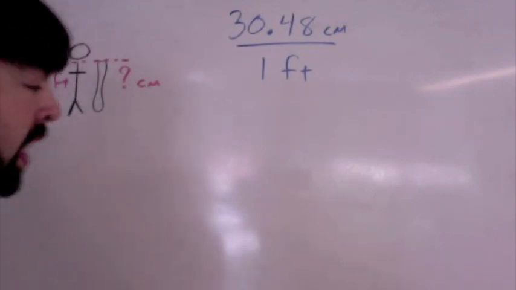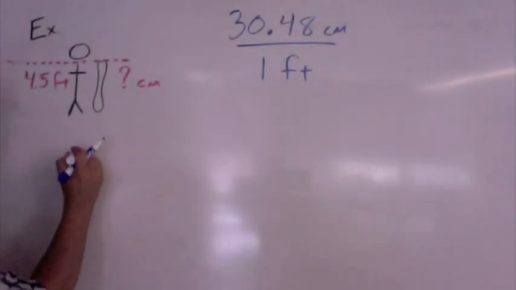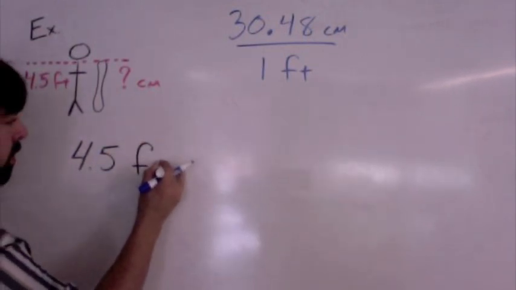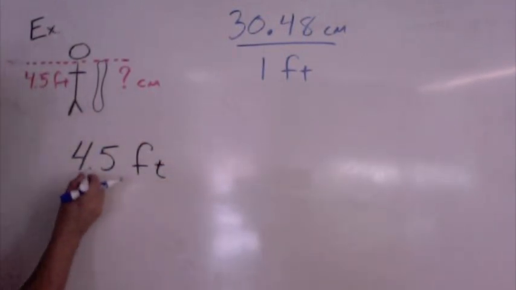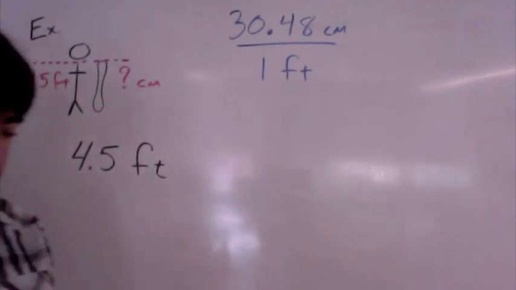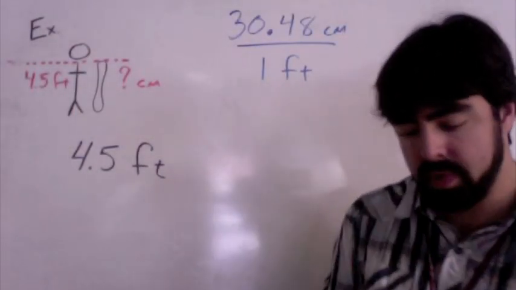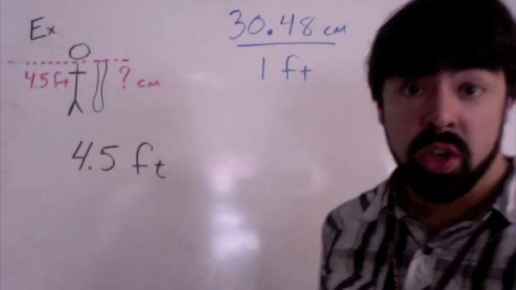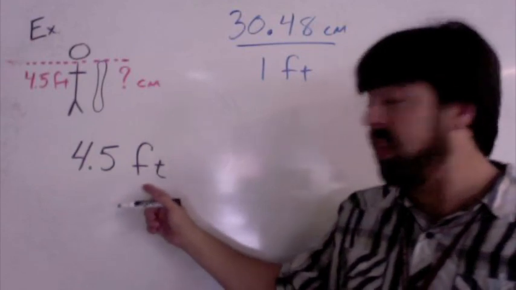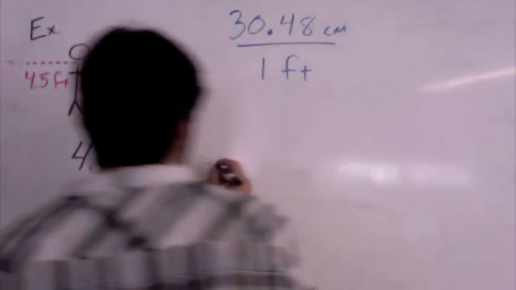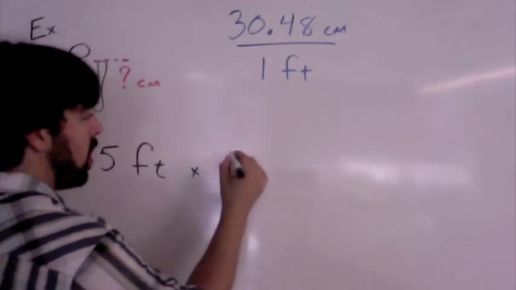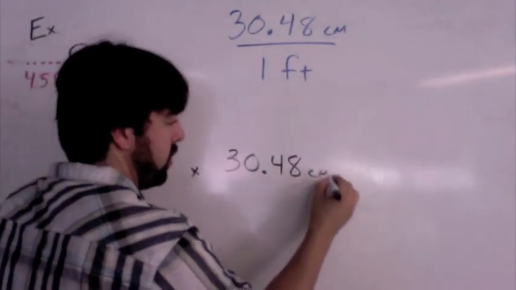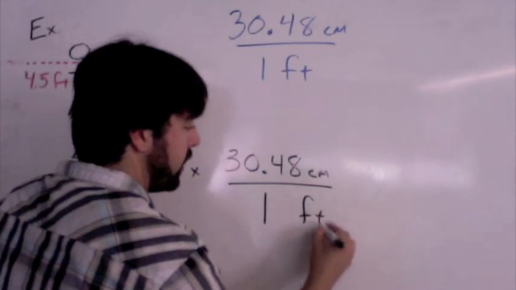Well, we start off by saying 4.5 feet. And we want to know, again, how many centimeters are in there. So like I said before, you multiply this by the conversion factor times 30.48 centimeters over 1 foot.